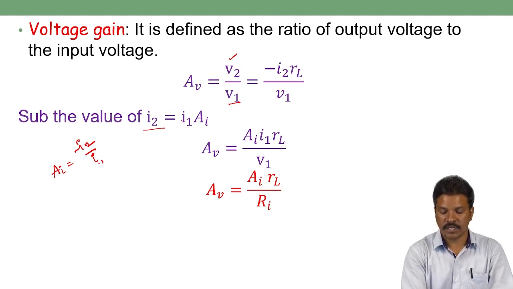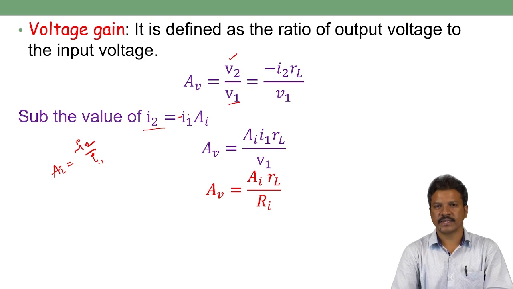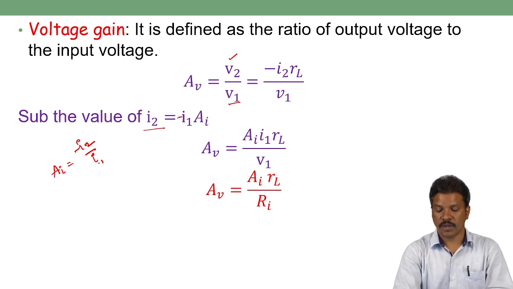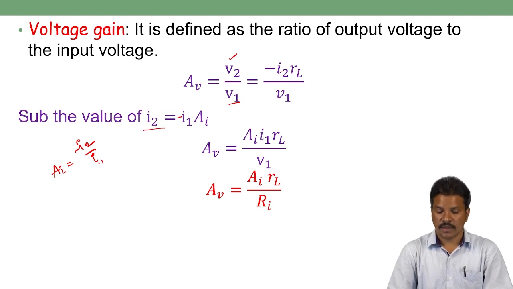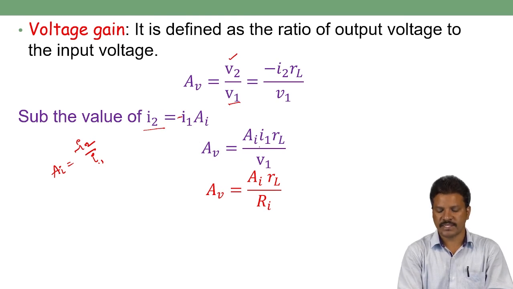Replace this I2 with minus I1 Ai, so minus of minus gives plus. We get current gain Ai multiplied by I1, into RL, divided by V1.